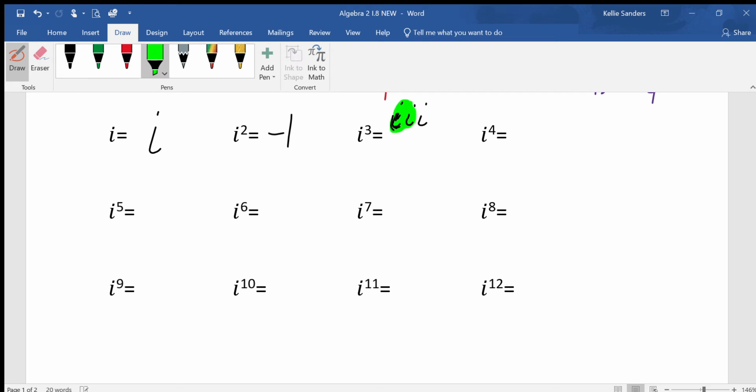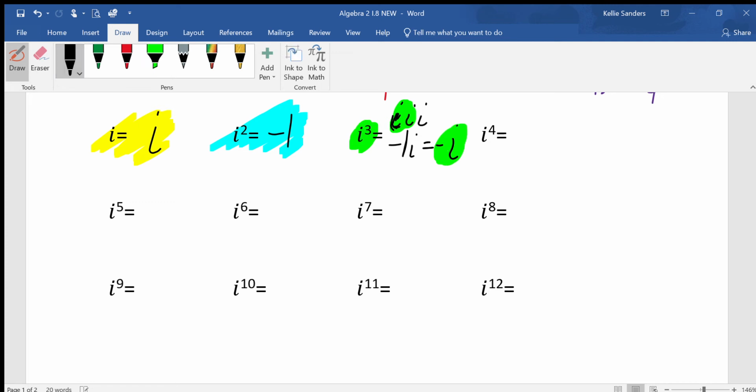And what is i squared? Negative 1. So that would be negative 1 times i, or just negative i. So i is just i. I squared is negative 1. I to the third is negative i.